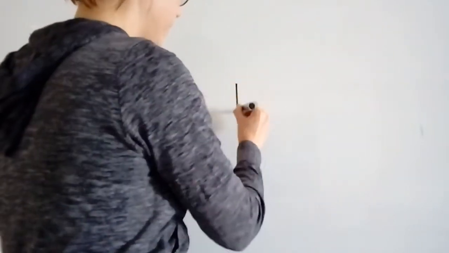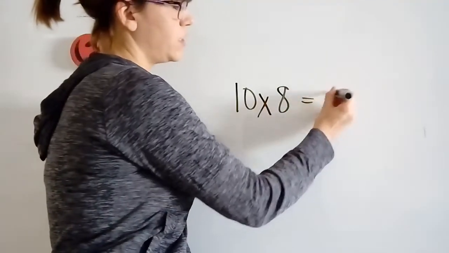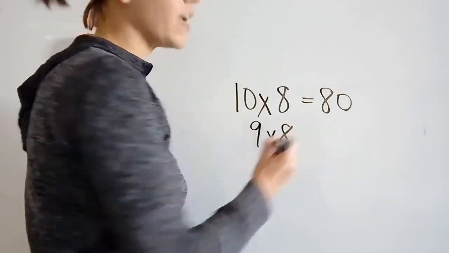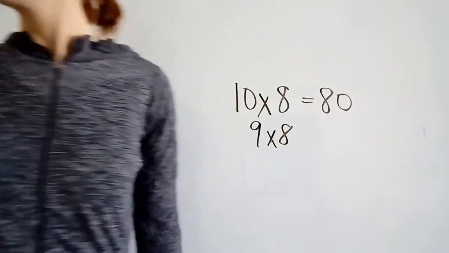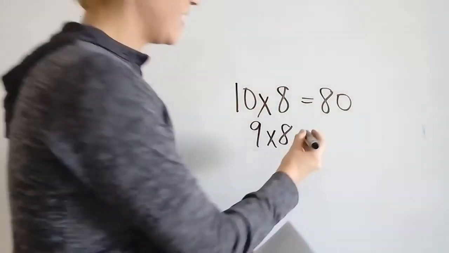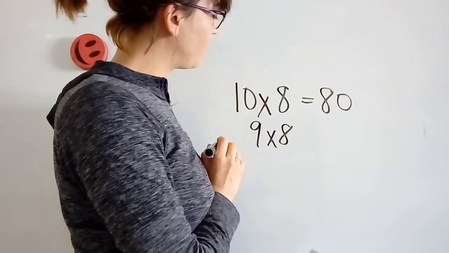I'm going to show you how knowing one multiplication fact that's very easy will help you to know one that's a little less easy. For example, 10 groups of 8, which is 80, helps us find 9 groups of 8. 9 groups of 8 is 1 less group of 8.